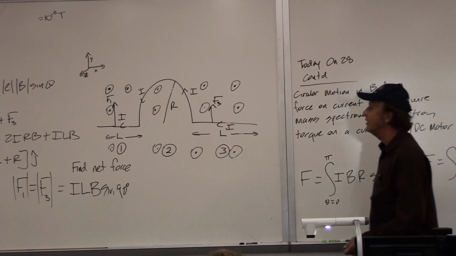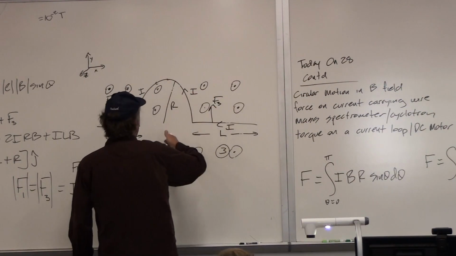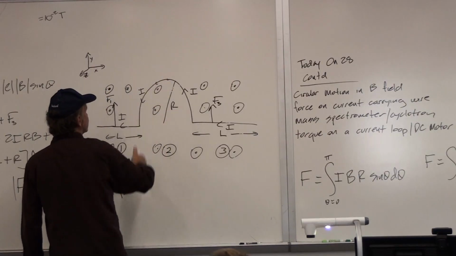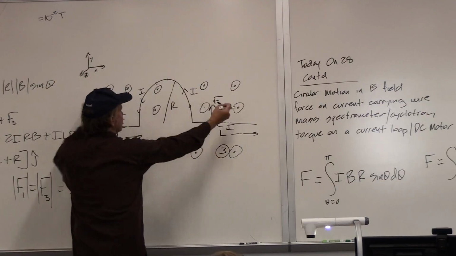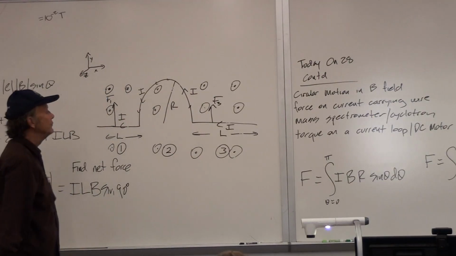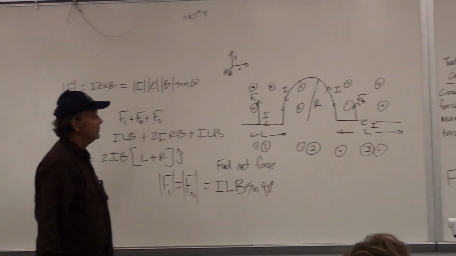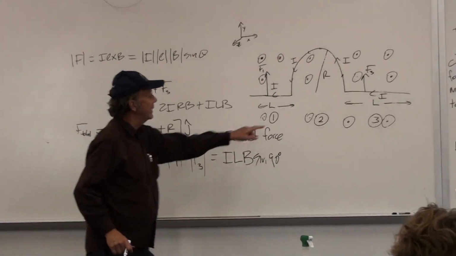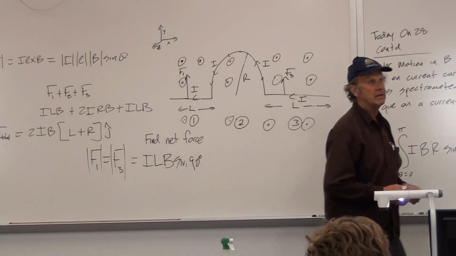And the reason why that works is that these horizontal parts of the current are going to add together to produce an upward force, but the vertical components of the currents are going to cancel out. And so that's why it's equivalent to just a long straight wire that has this length in the middle. Any questions about that?